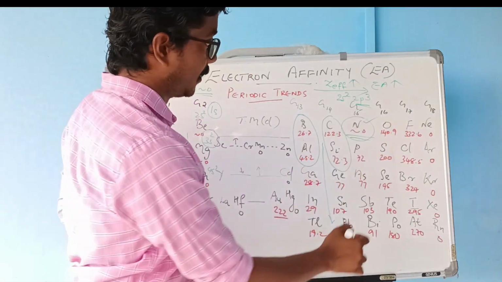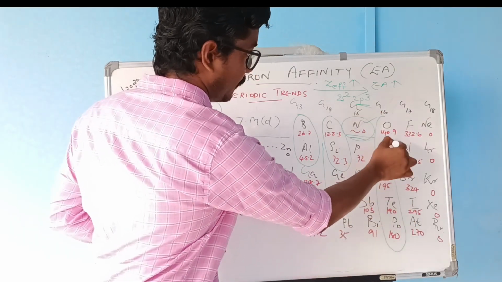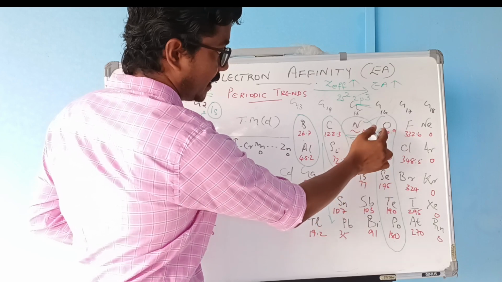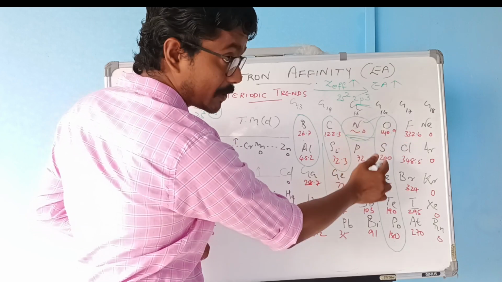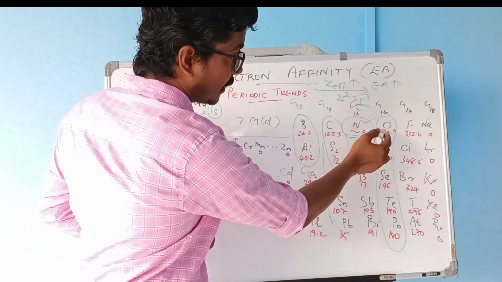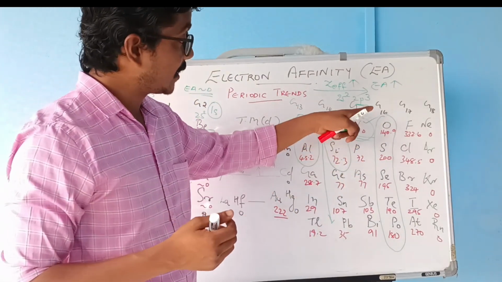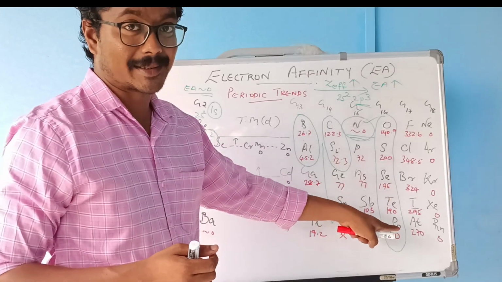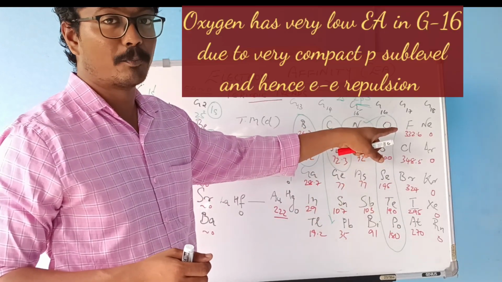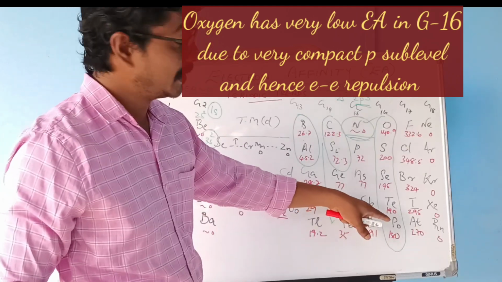Oxygen is 140 and here there is an anomaly. Down a group, there is a difference. In the oxygen family, down a group, we expect electron affinity to decrease, right? But here oxygen, the first element of the group, possesses a lower electron affinity than the others.